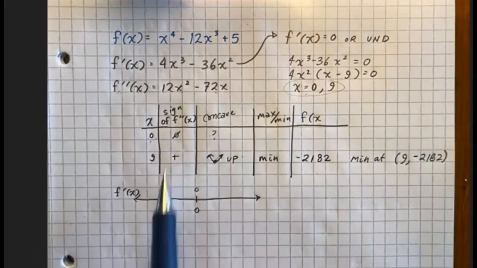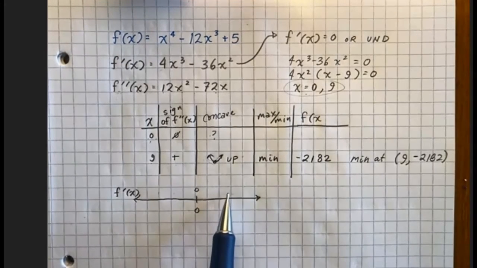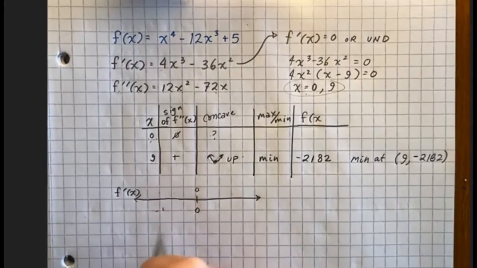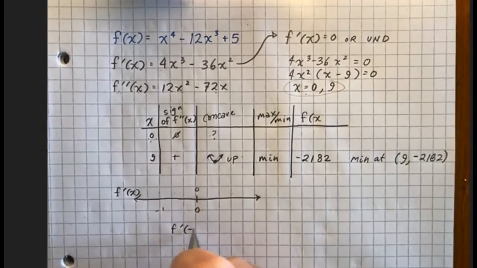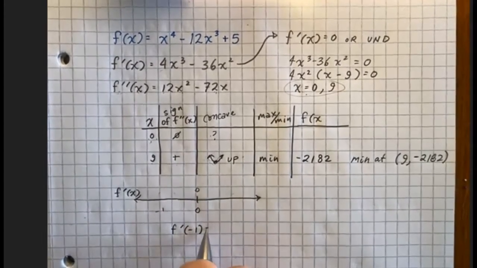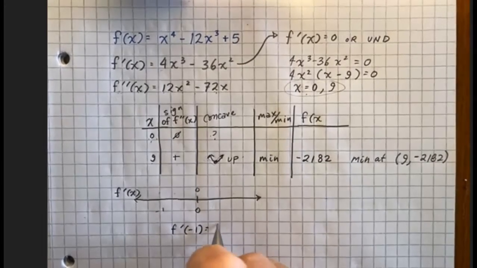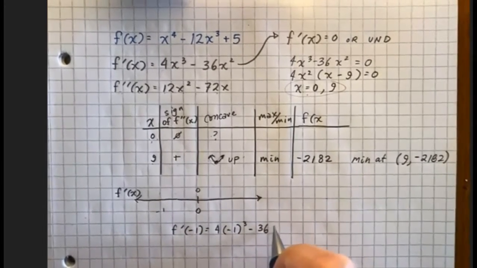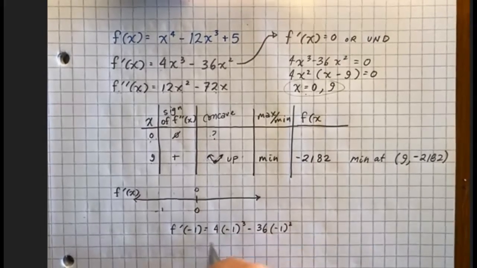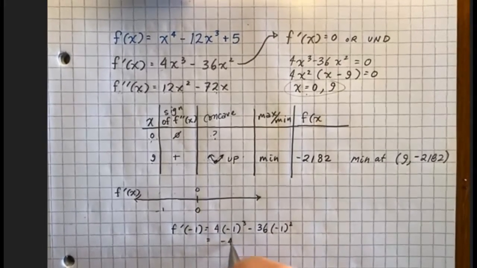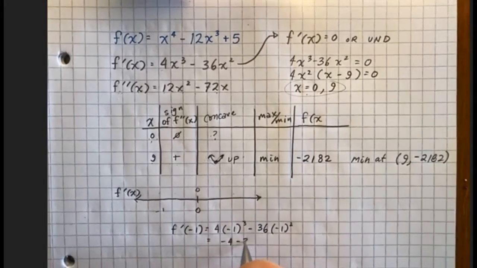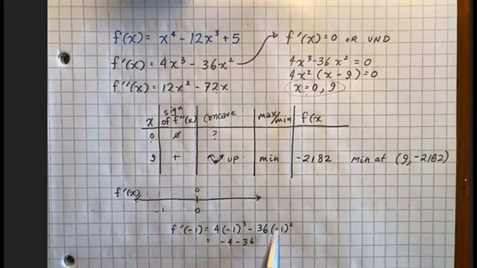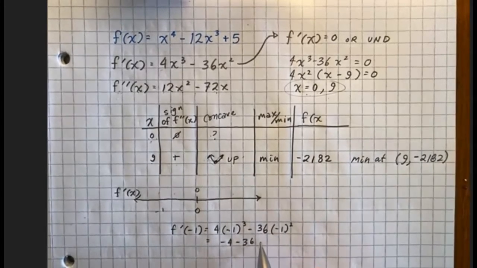So then we just need to know what's happening to the left and to the right of 0. So at, let's say, -1, we're going to check the point -1. f prime of -1 is equal to 4 times -1 cubed minus 36 times -1 squared, or -4 minus 36. Yeah, that's negative also. So it's negative.